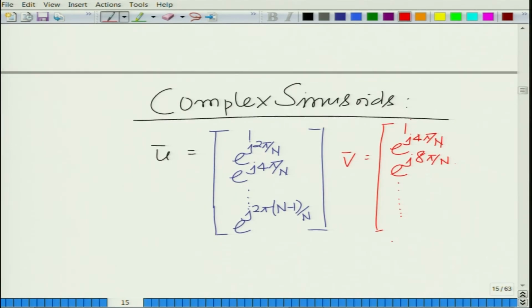I am sorry, this has to be e raised to j 3 pi over n, this has to be e raised to j 6 pi over n, and so on, up to e raised to j 4 pi (n minus 1) over n.